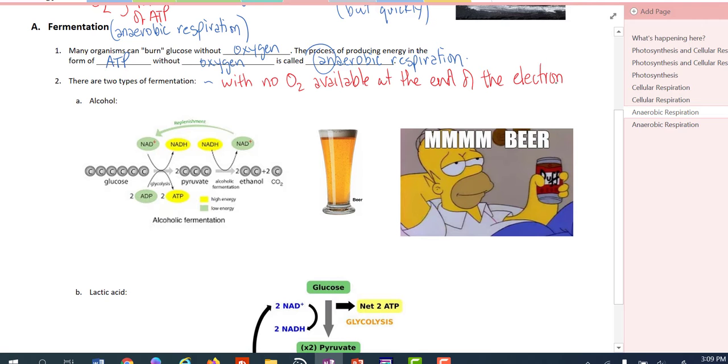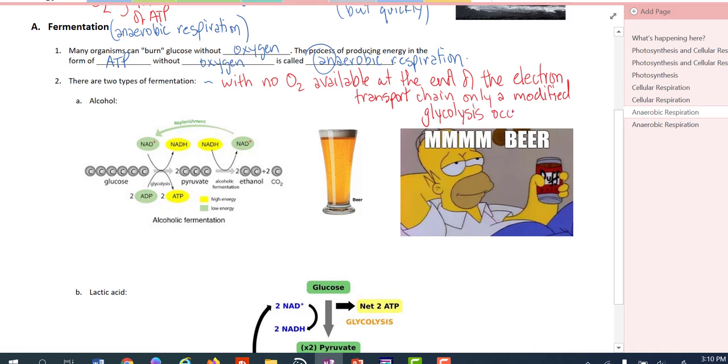So there's no oxygen available at the end of the electron transport chain. Only a modified glycolysis occurs.